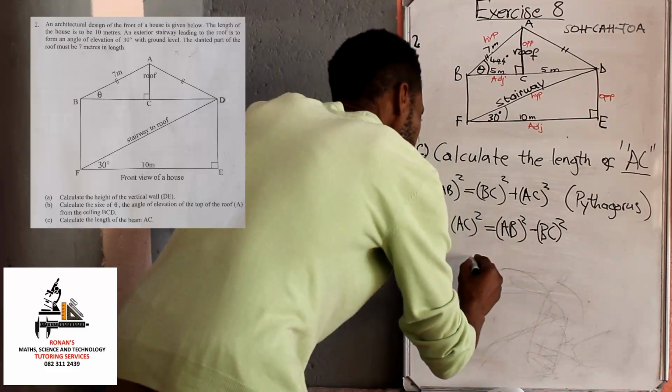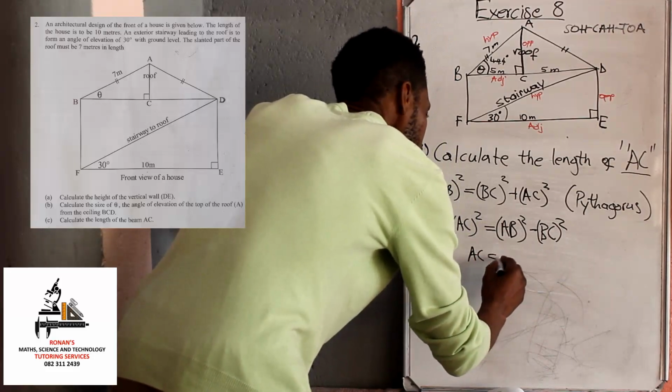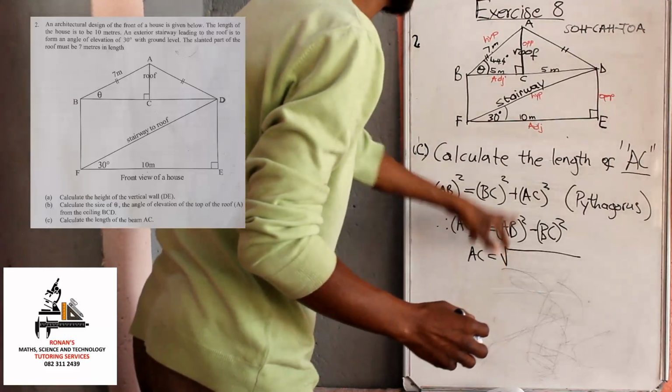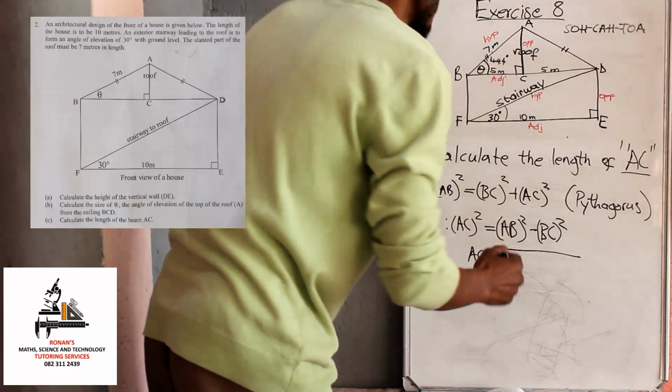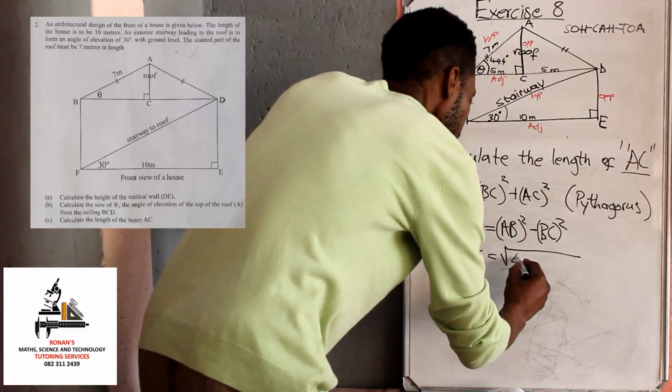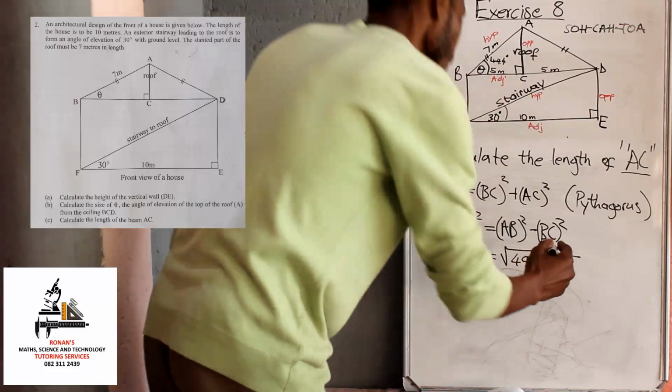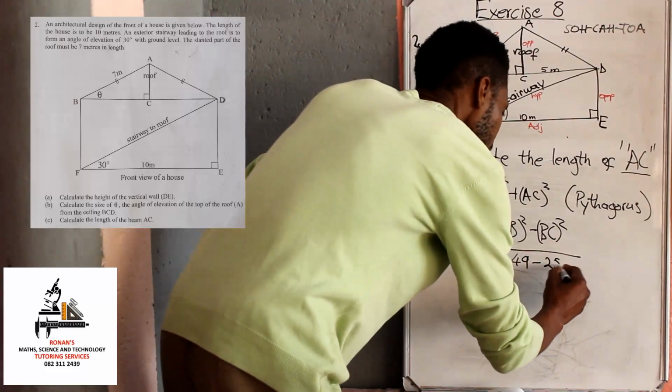and this is going to be AC equals the square root of AB, which is 7 times 7, that's 49, minus BC, which is 5 times 5, that's 25.